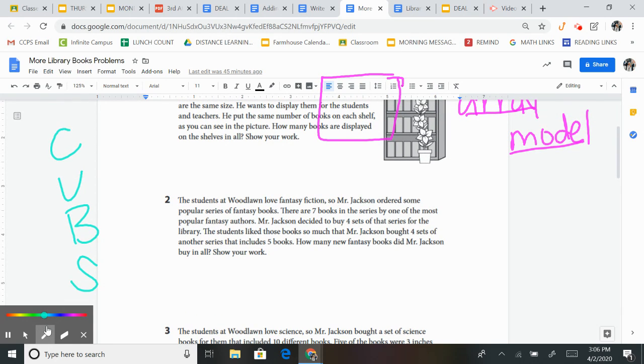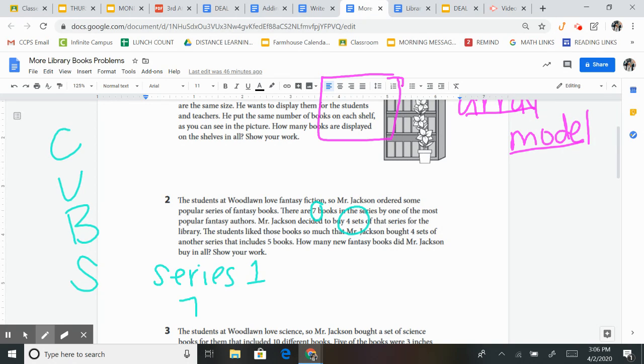Let's begin by circling the most important numbers. So the ones that stand out, there are 7 books in the first series. So there are 7 books in series 1. And it says that he buys 4 sets of that series.